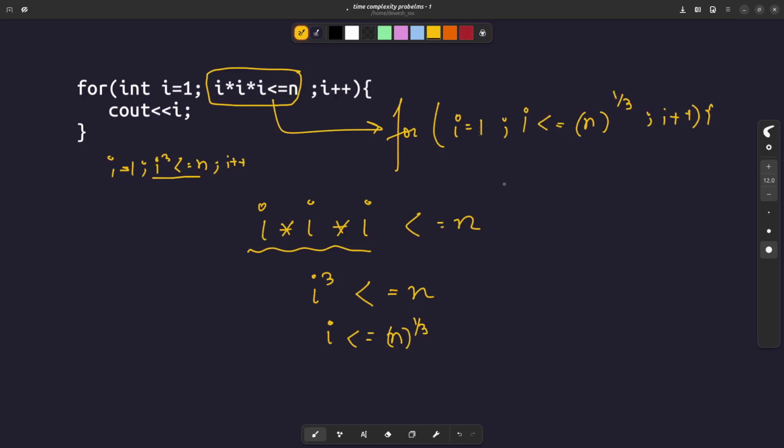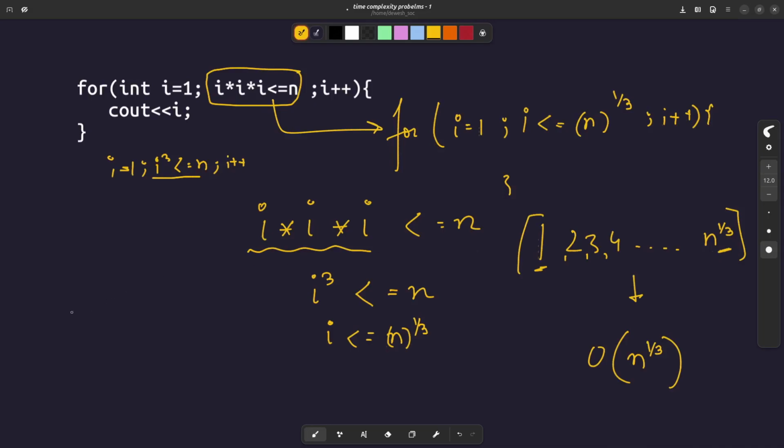A simple loop. What will be the complexity of this loop? You're starting from 1, increasing by 1 each time, and going up to the square root of n. So what is the complexity? You're starting from 1, going up to some number, each time increasing by 1. So the complexity is simply big O of this.